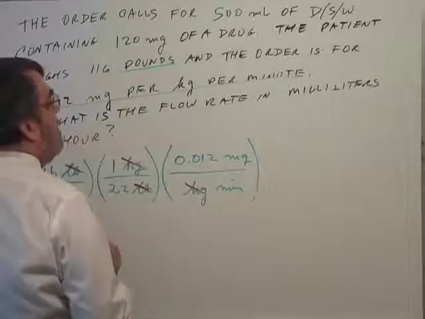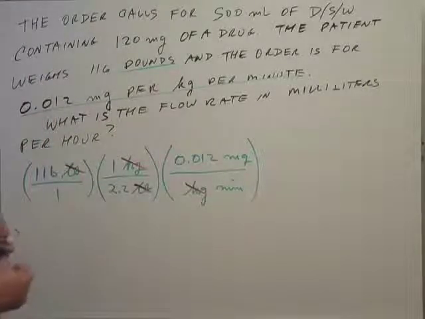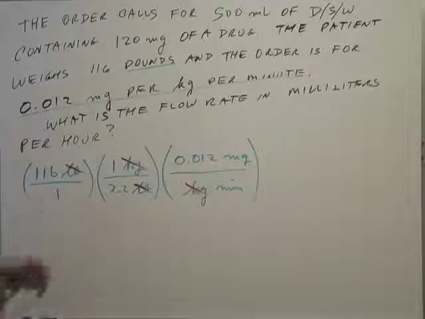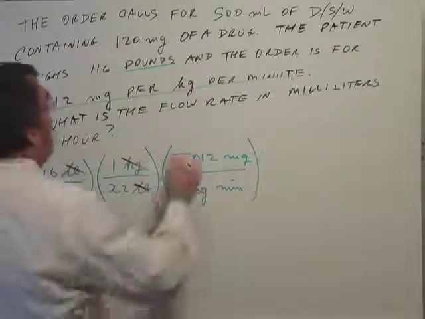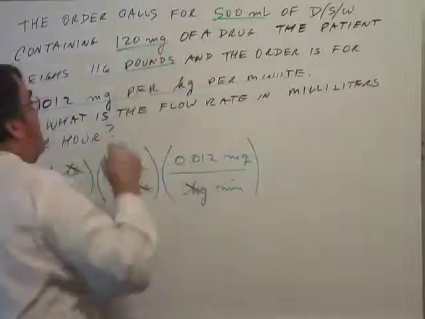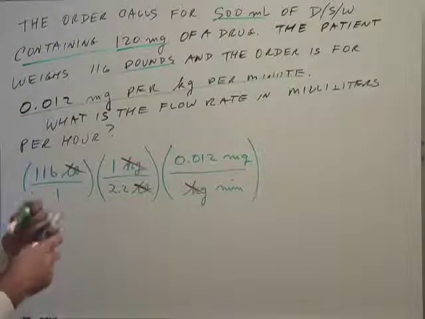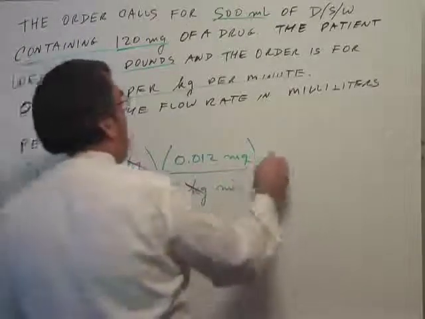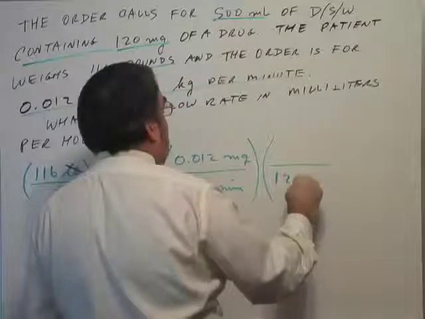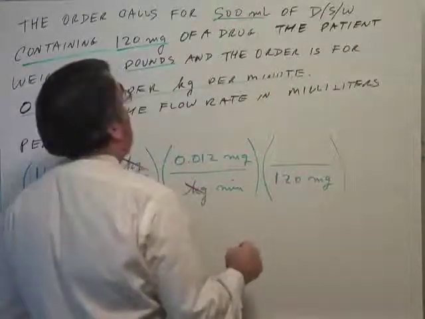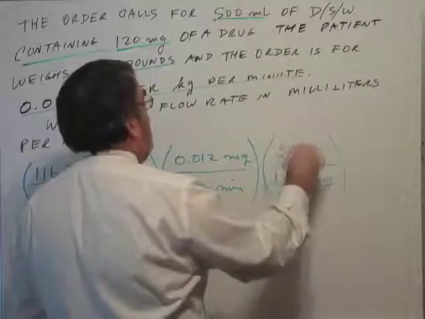And what do we want? We want milliliters per hour. Well, I'm going to have to replace milligrams with milliliters, and how should we do that? This is where the drug concentration comes into play, because up here we have 500 milliliters contains 120 milligrams of this drug. So let's put milligrams down below, 120 milligrams, and on top we have 500 milliliters.